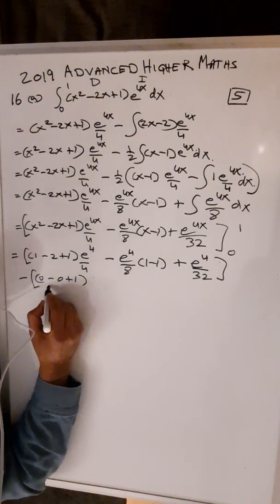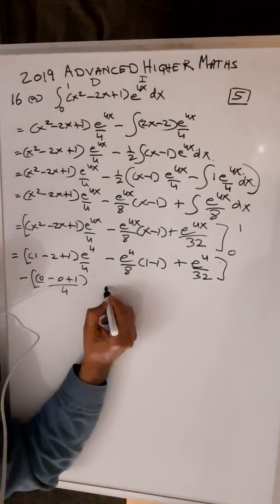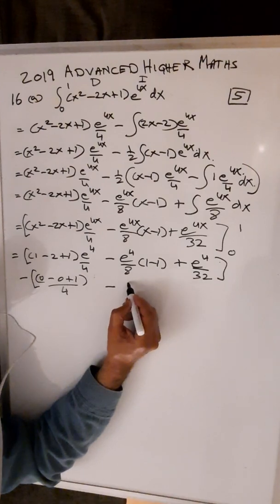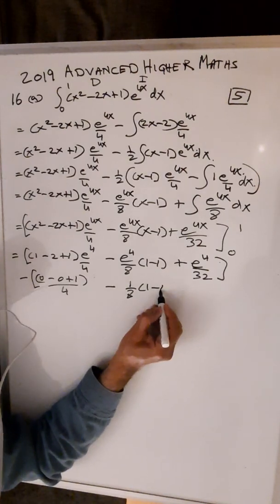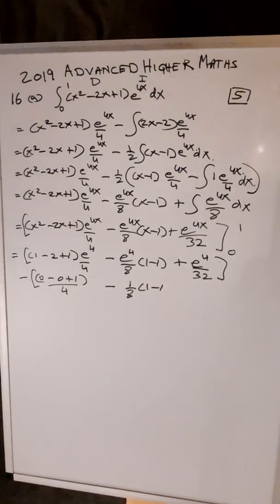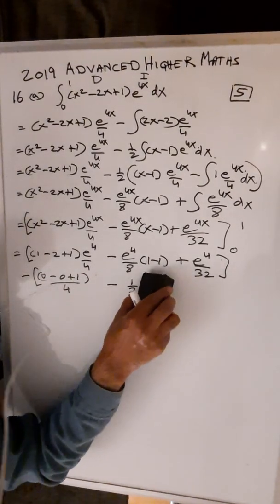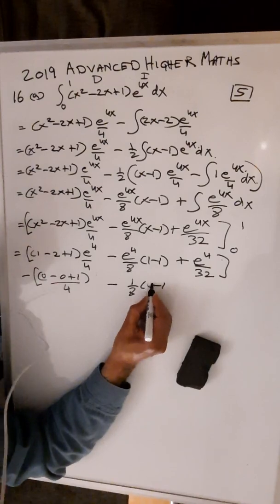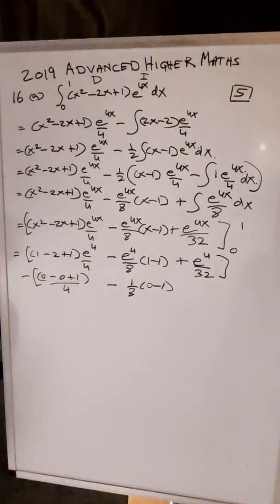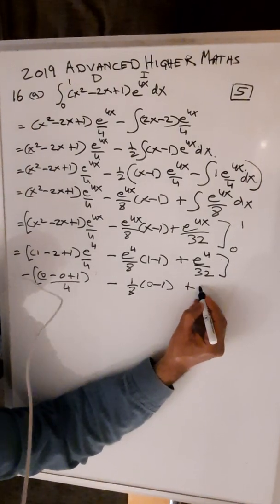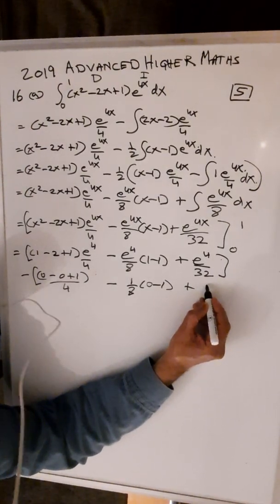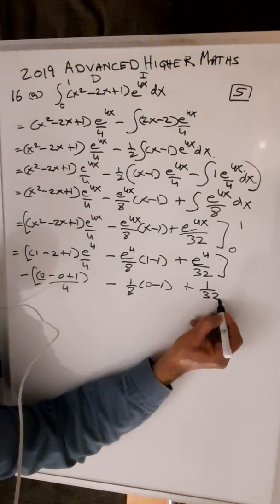So that is all over 4, minus e to the 0 again is 1 over 8 times 0 minus 1, plus e to the 4 times 0 is e to the 0. E to the 0 is just 1, so that's just 1 over 32.